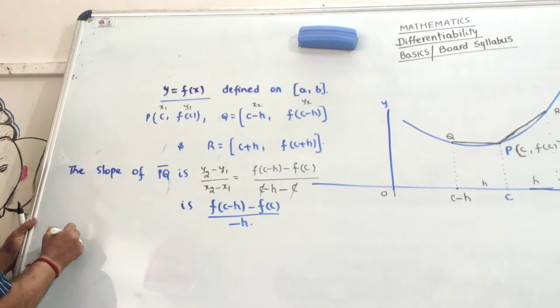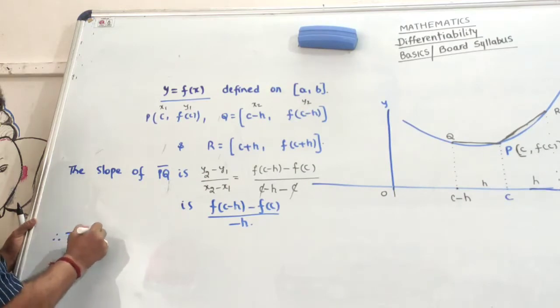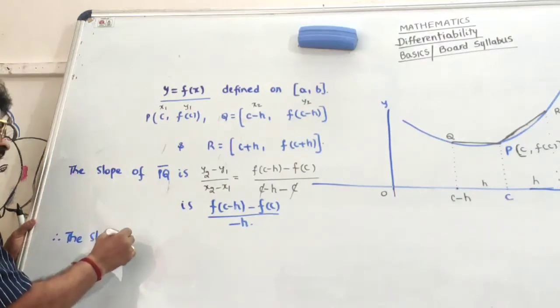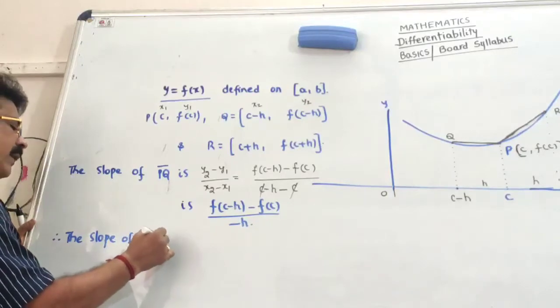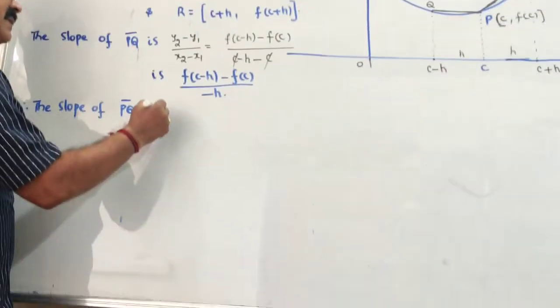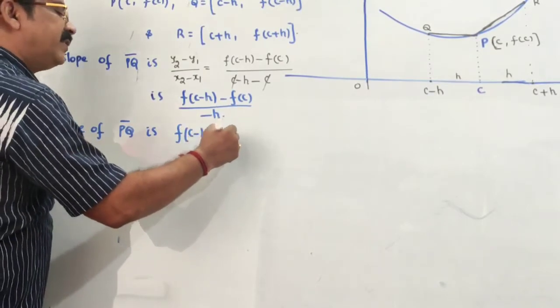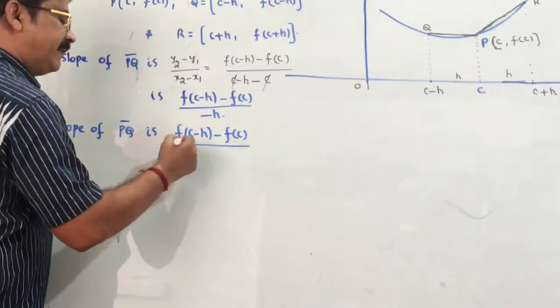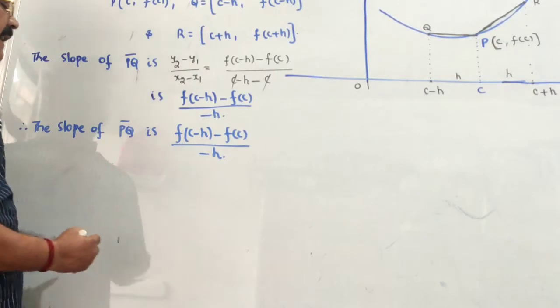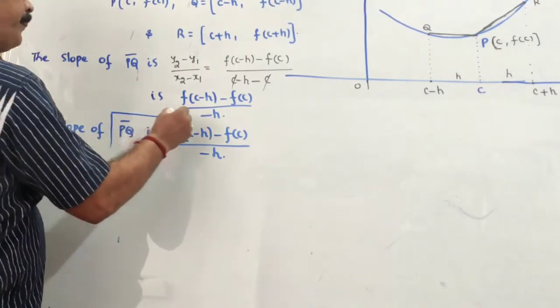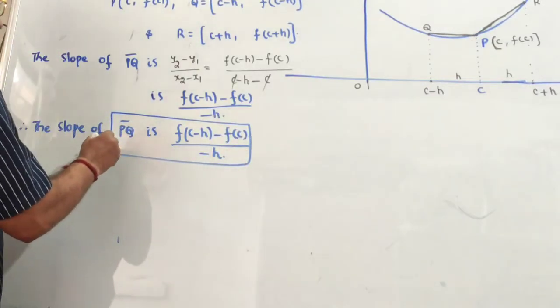So therefore the slope of the PQ chord is f of c minus h minus f of c divided by minus h. Remember, put it in the bracket.